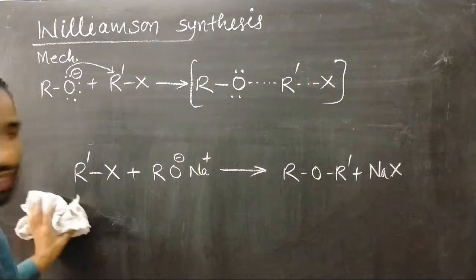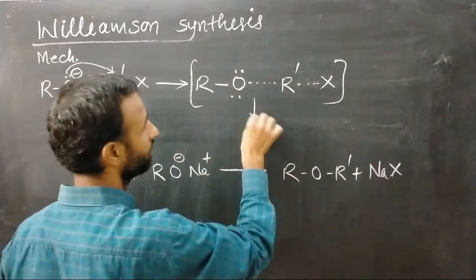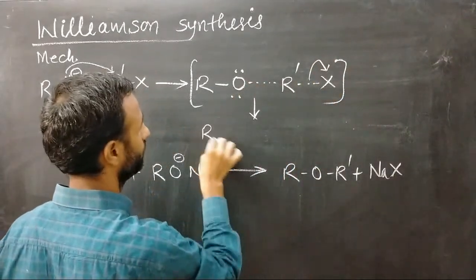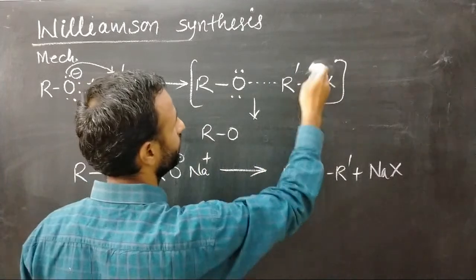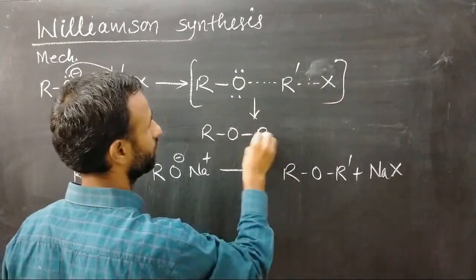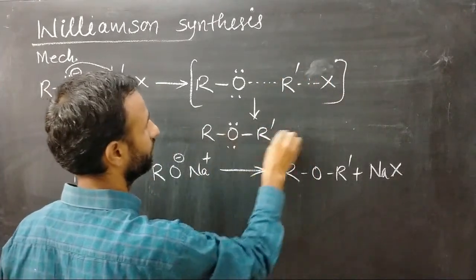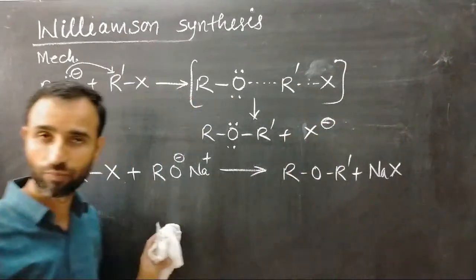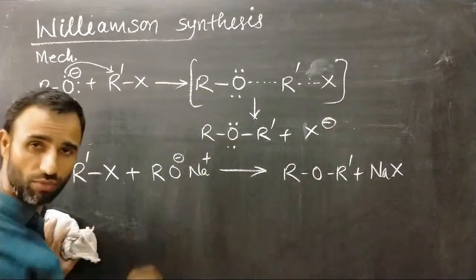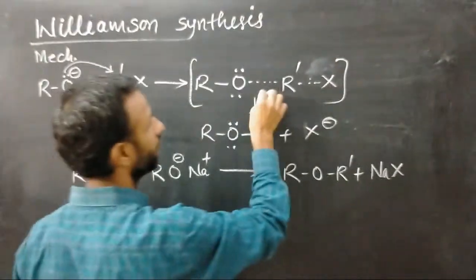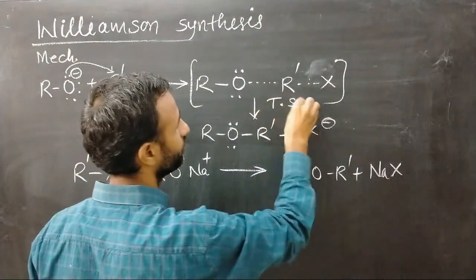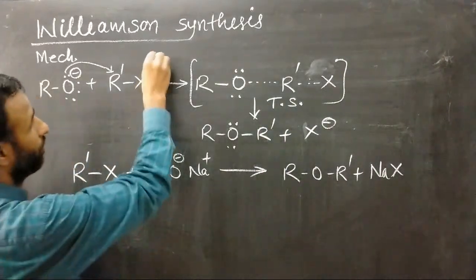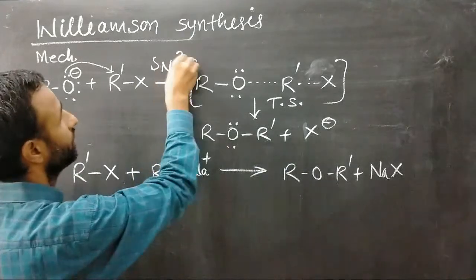This is the transition state formed, and then this X is removed. Simply we get ether along with X⁻. So it is a one step mechanism. This is simply the transition state, and the reaction is SN2.